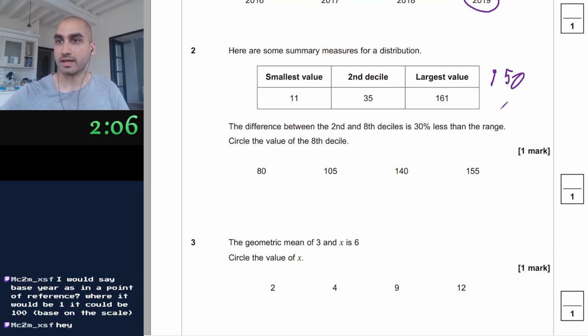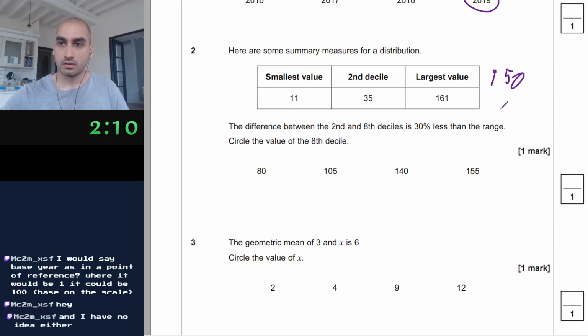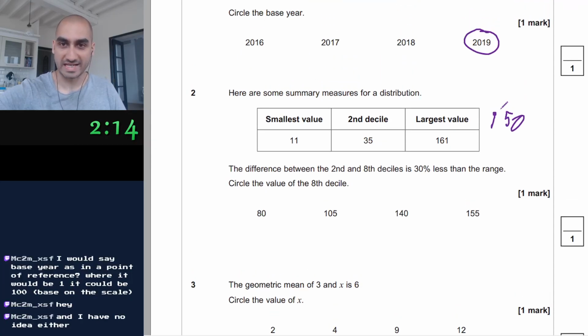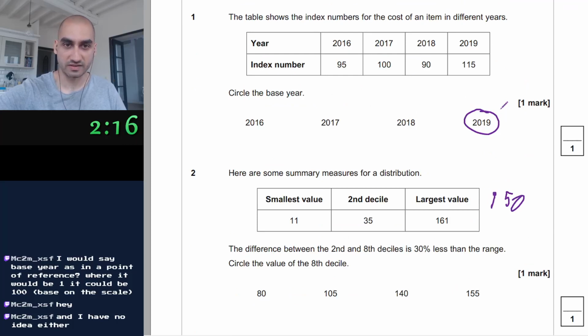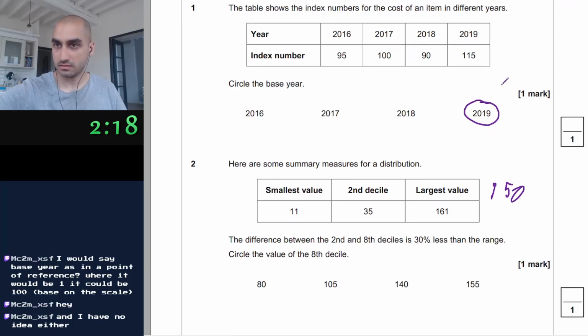Hello MC2M. I would say base year as in a point of reference, where it would be... Yeah, I was thinking something along those lines, but I can't see someone having to calculate that for only 1 mark. So I feel like it's got to be something. Wait, but I don't understand how you get 100 from that.